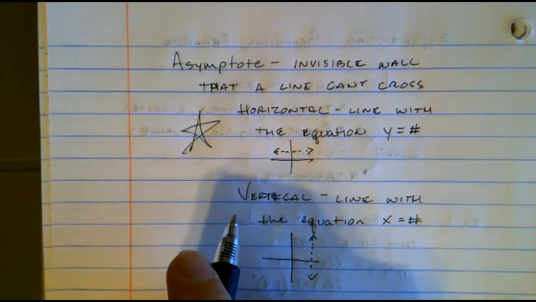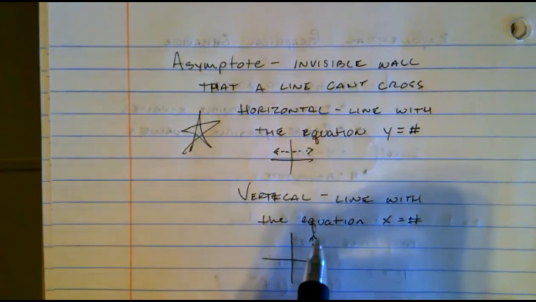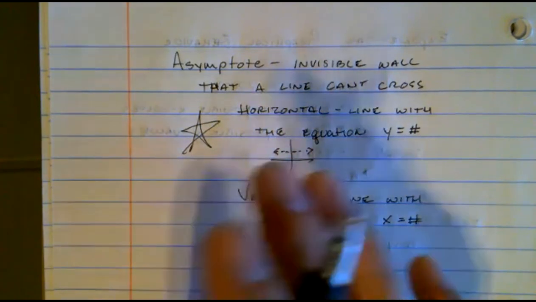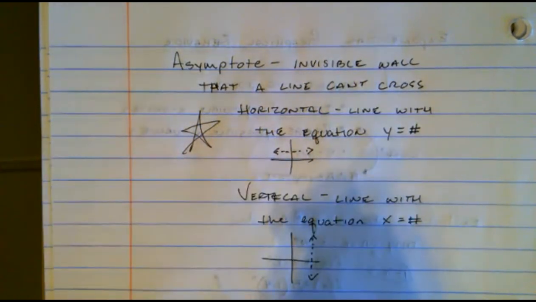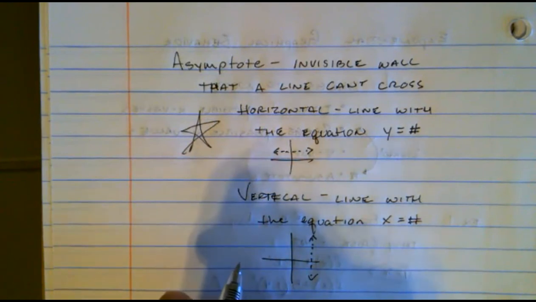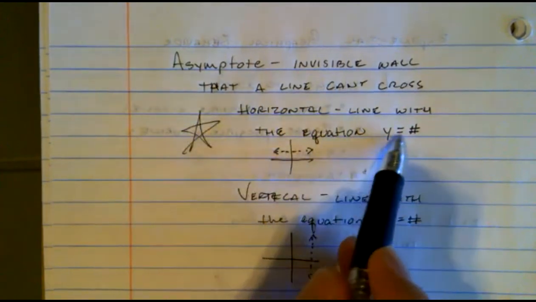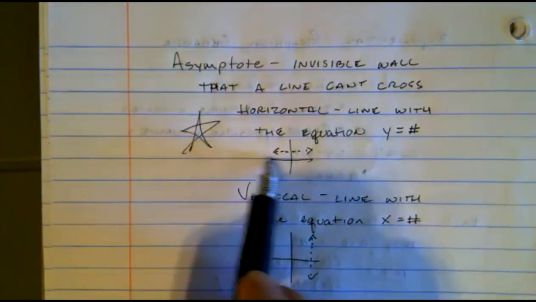Again, recall, that is a line that you cannot cross or touch. It's an invisible little force field that turns the graph away. So we're definitely focused on horizontal asymptotes.